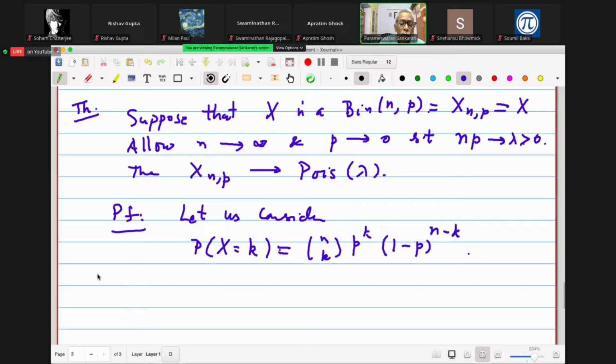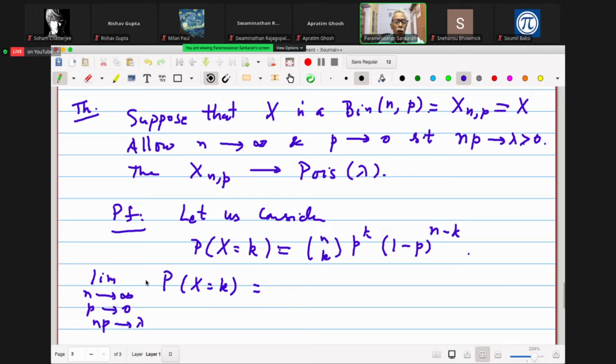All right. Now take the limit. So the limit as n goes to infinity, p goes to 0, and np goes to lambda of P(X equals k).